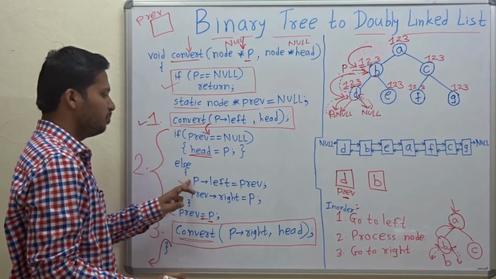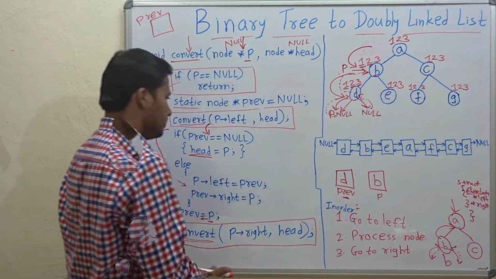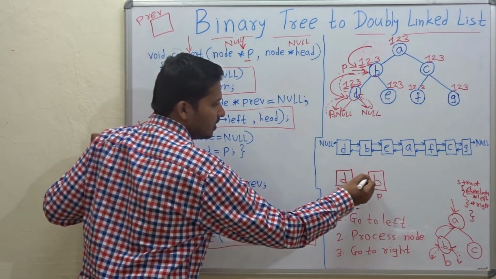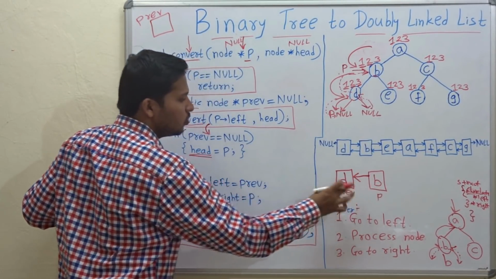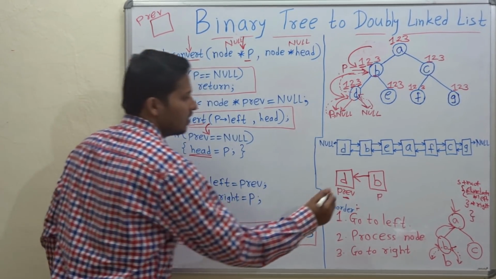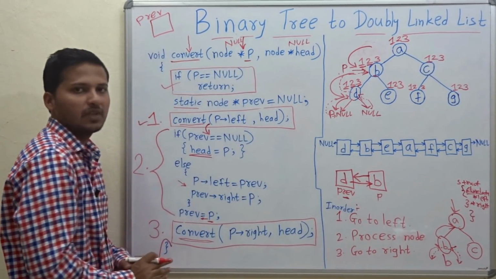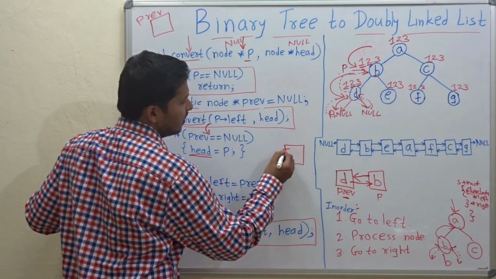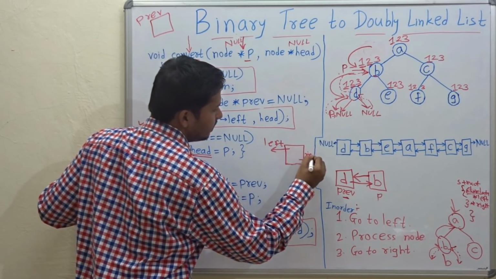So that is p. Now p points left equal to previous. So the left pointer of p will point to previous, and previous points right equal to p. See, for a node there is a left pointer and a right pointer.